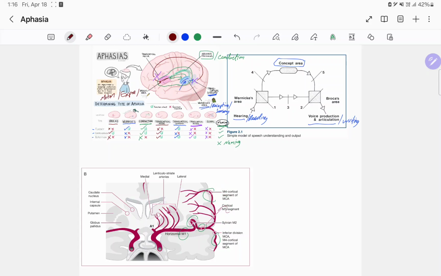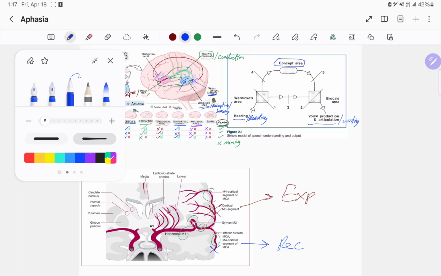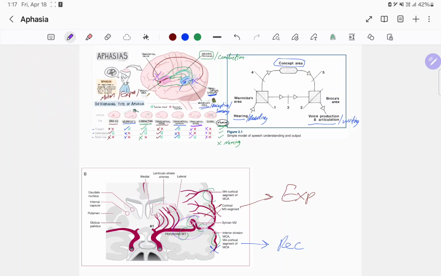So if the defect is in the M4 superior division, we'll have expressive or Broca's aphasia or motor aphasia. If the defect is only in the inferior part of the M4, we'll have receptive aphasia, Wernicke's aphasia, or sensory aphasia. However, if the defect is proximal, before the division, most likely we'll have global aphasia.